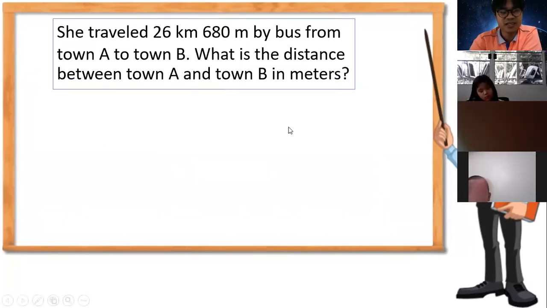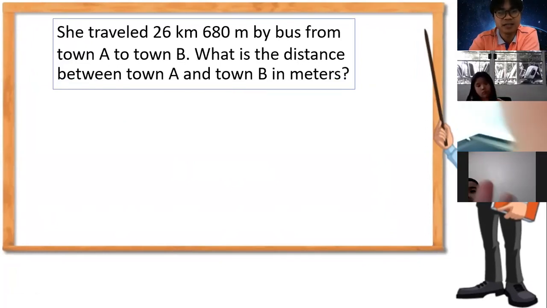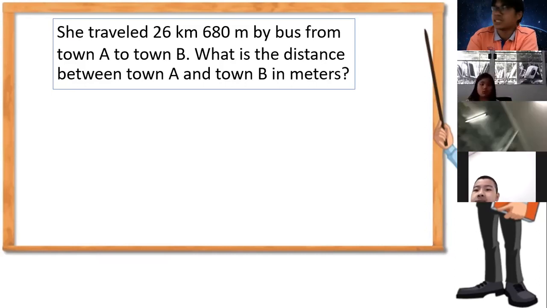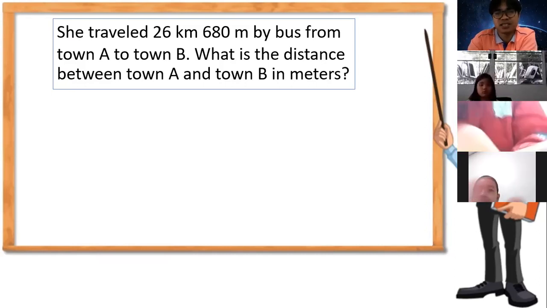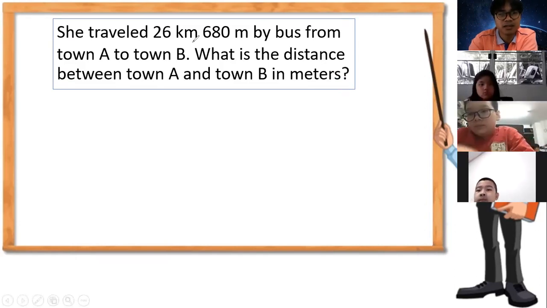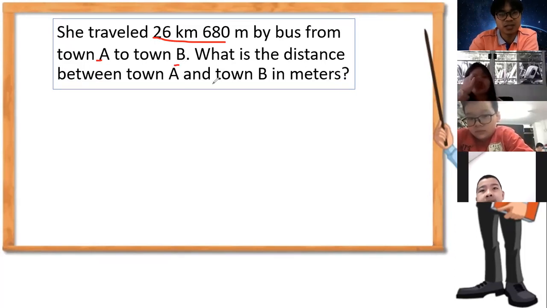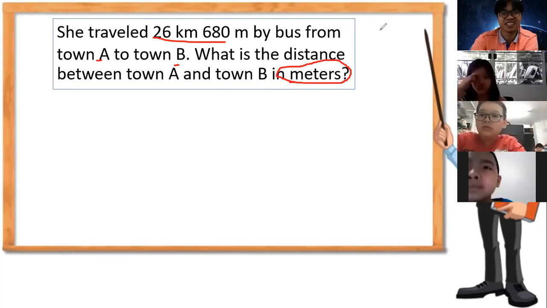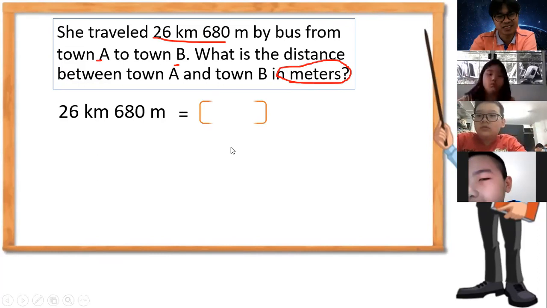Okay, another one, the last problem here. She traveled 26 kilometers, 680 meters by bus from town A to town B. What is the distance between town A and town B in meters? Convert in meters.